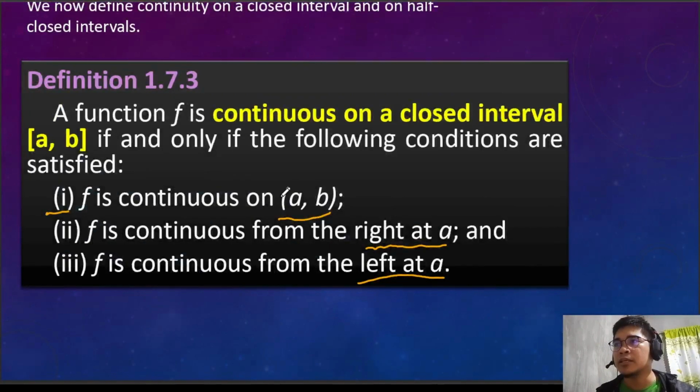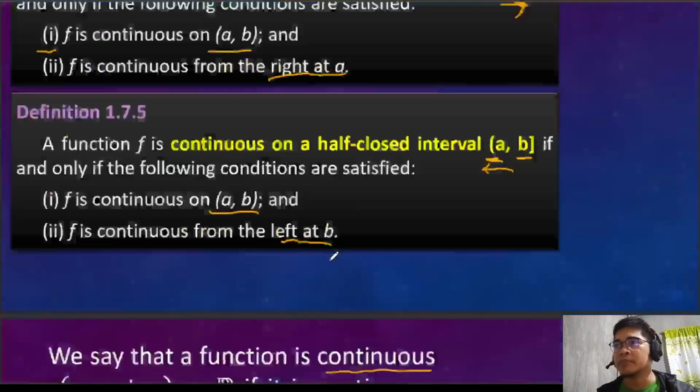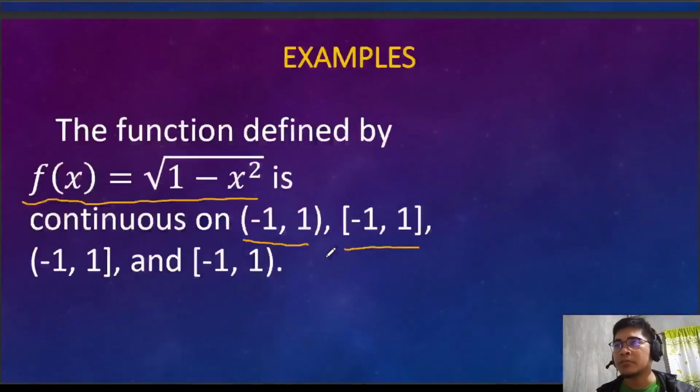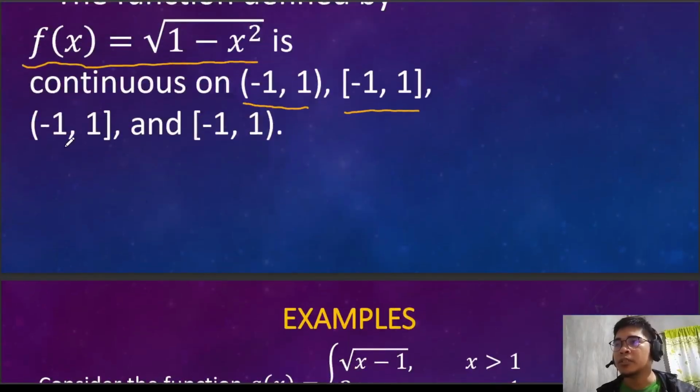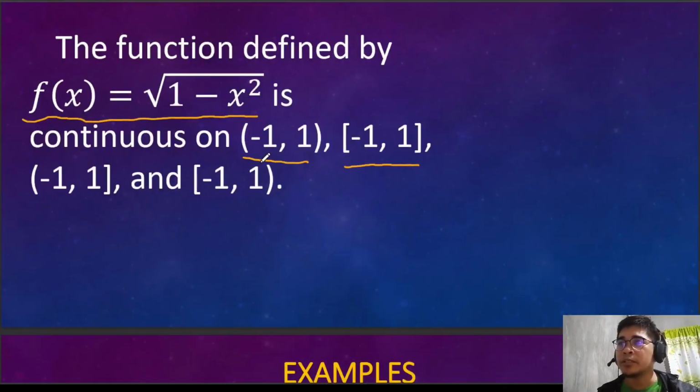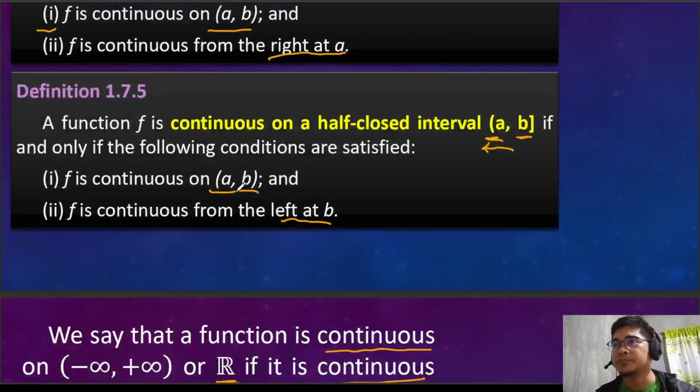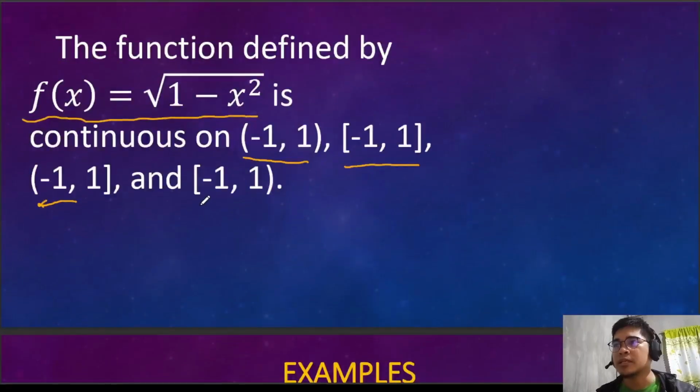That is the third definition, right? The right at a and left at a. And then for half closed interval, here, una is dapat continuous siya sa open interval. Okay siya dire. And then here from the left side, this is the second one. Dapat continuous siya diha. The next is continuous dapat siya una sa open interval negative 1 and 1, then continuous sad siya sa right sa negative 1.